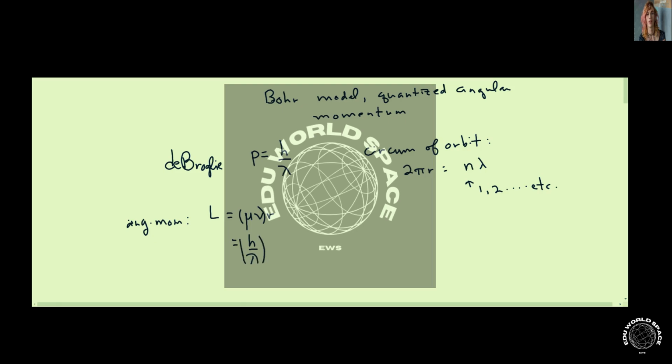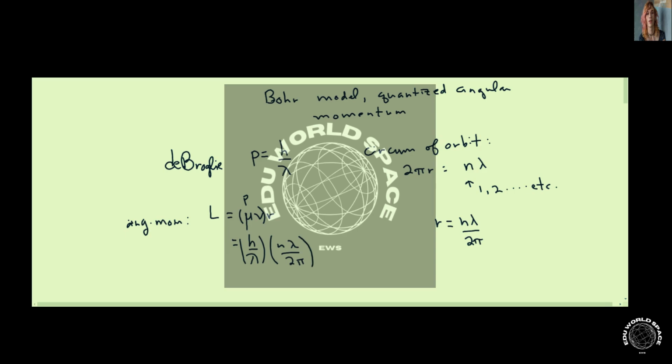That's basically the product of mass times velocity or momentum. And r, if we look at our quantized circumference, is n lambda over 2 pi. So we'll put that in there, n lambda over 2 pi.